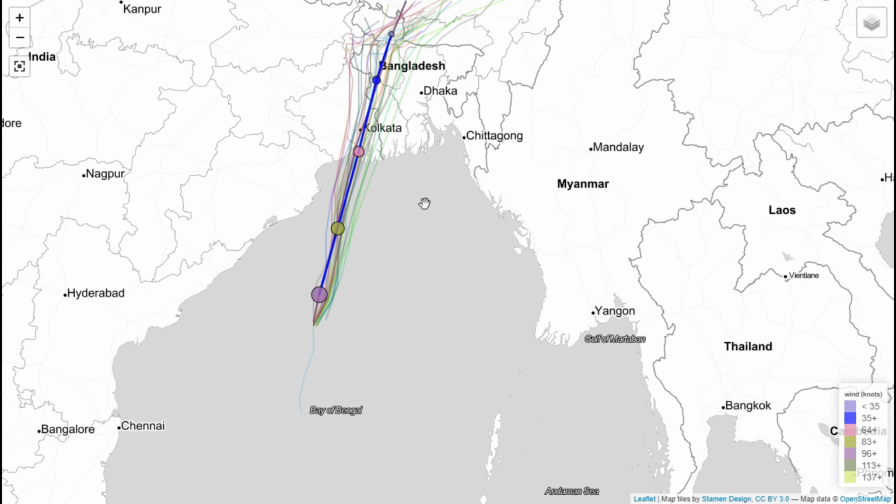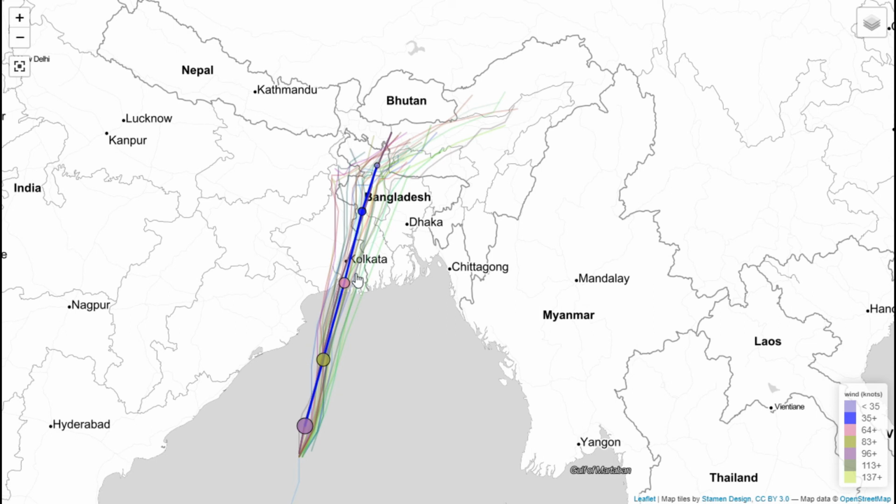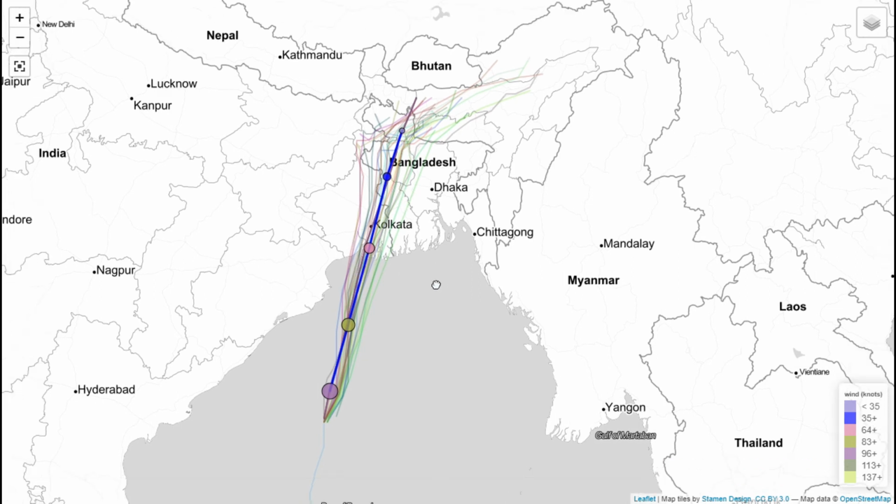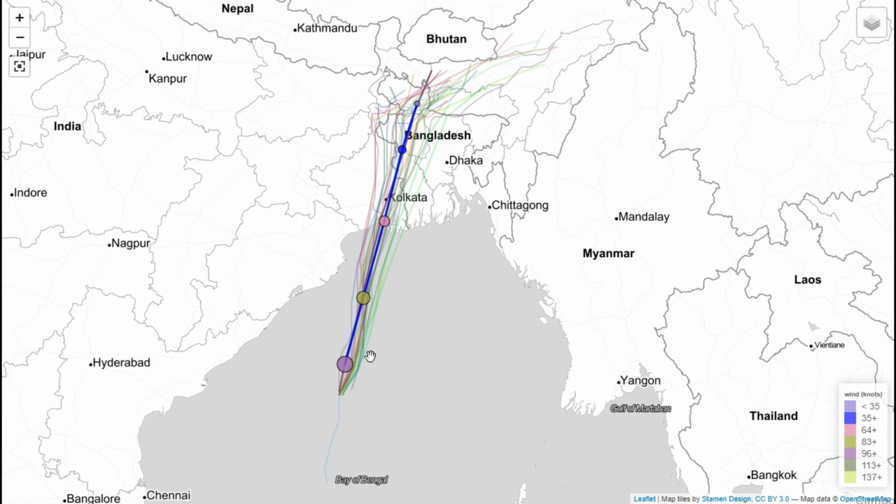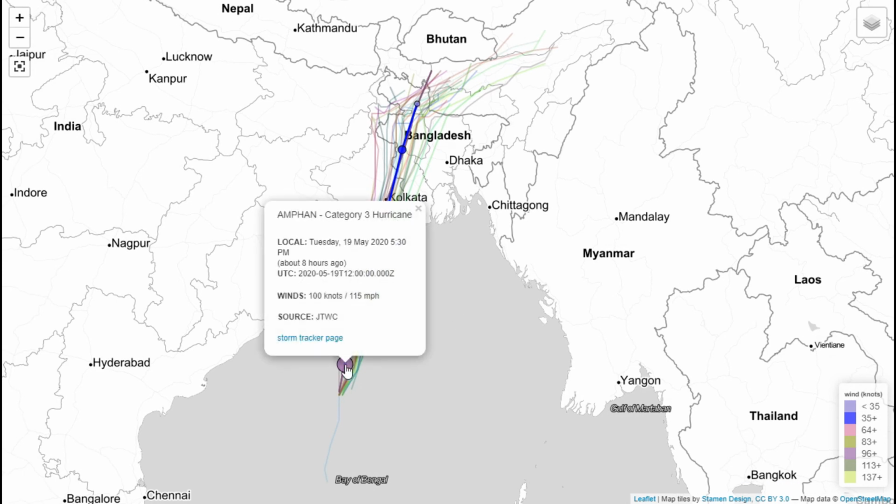Now if we click on point number 1, it will show you certain information regarding the Super Severe Cyclone AMPHAN. It shows right now at this particular point, AMPHAN is a category 3 hurricane, and the time it is showing is 19th May 2020, 5:30 p.m. That's about 8 hours ago.